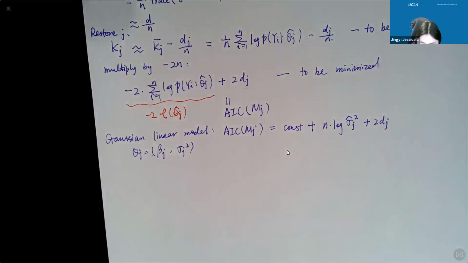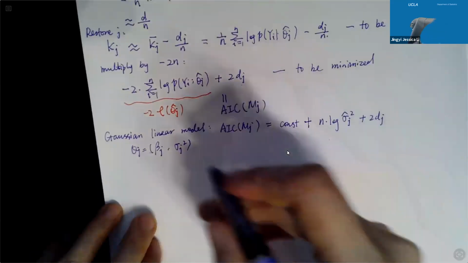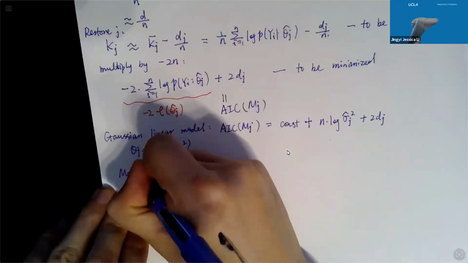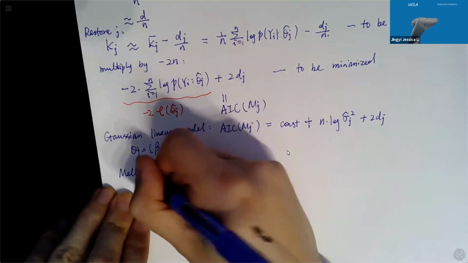The reason I want to bring this up is that this AIC has a very interesting connection with the model selection criterion in the Gaussian linear model called Mallows' Cp. So we can actually show that. So Mallows' Cp.